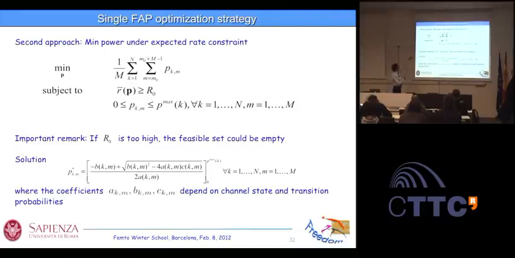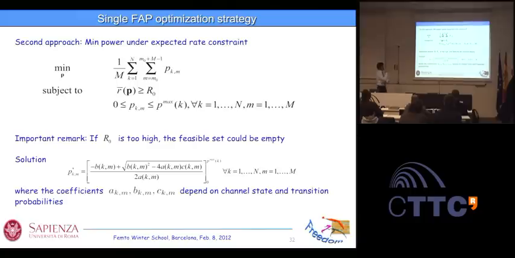So we want to minimize the sum of the powers subject to the constraint that the expected rate, and this is the novelty, should be greater than a certain value R0.